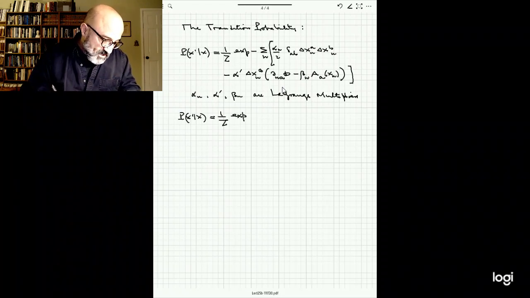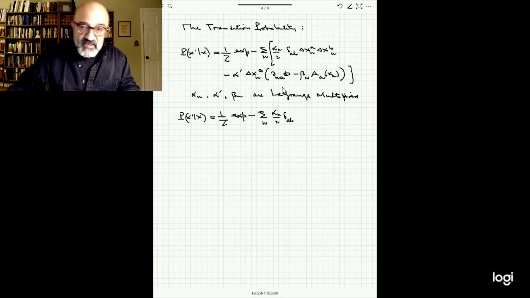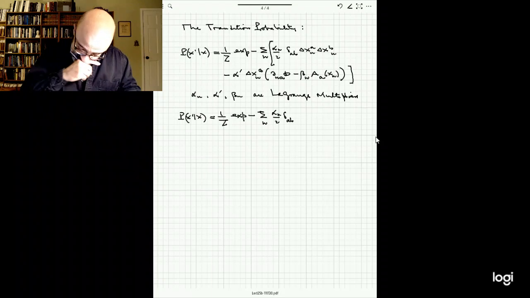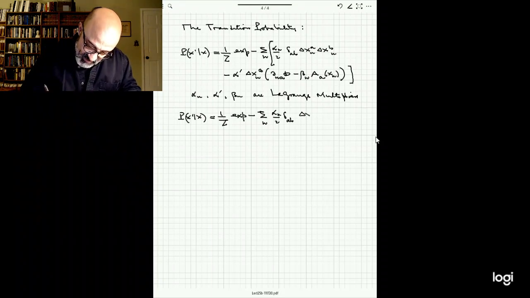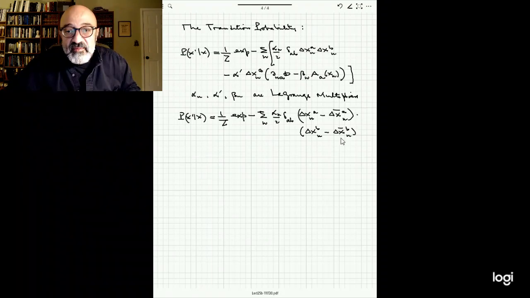And the distribution now is going to look like this. There's going to be a minus, there is going to be a sum, there is an alpha n over 2, there is a delta AB, this is the metric for the three-dimensional space, and then we're going to have the product of delta x A minus some quantity that I'm going to call bar, multiplied by another quantity B with delta B there.